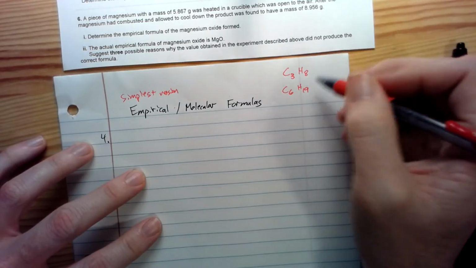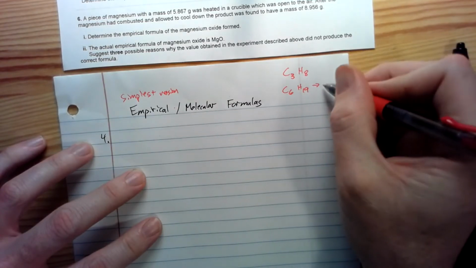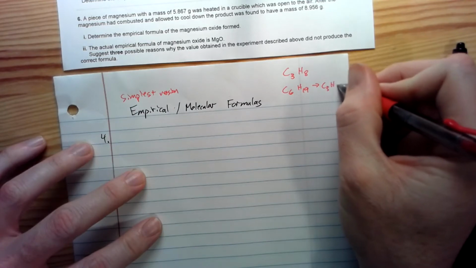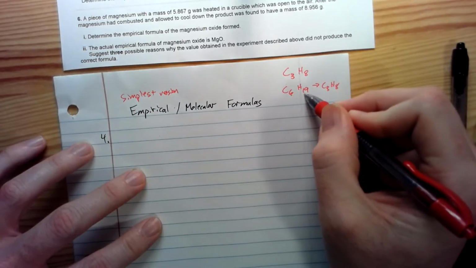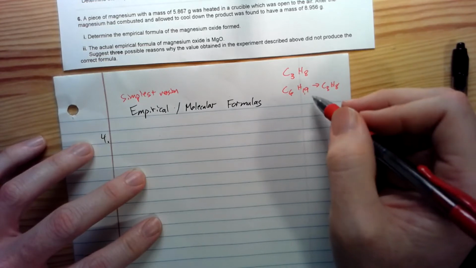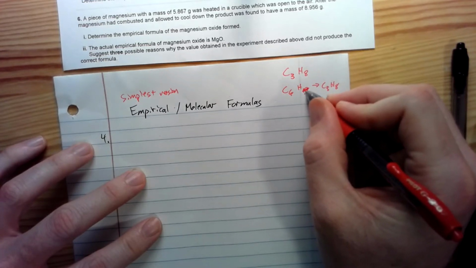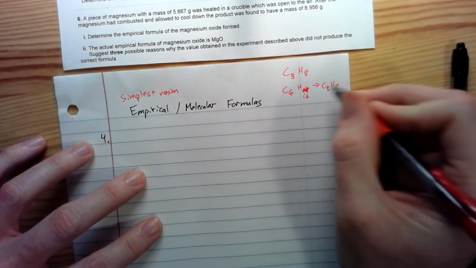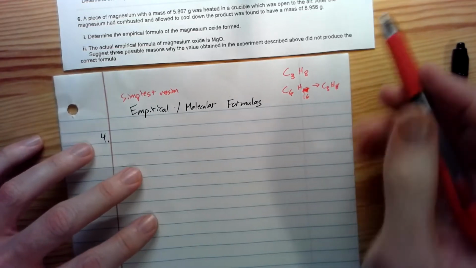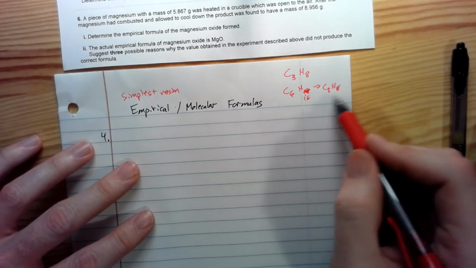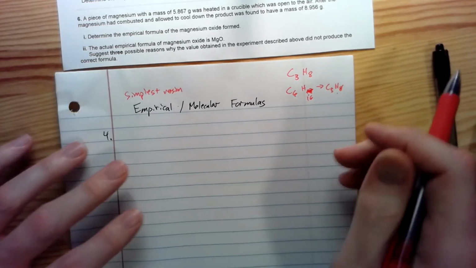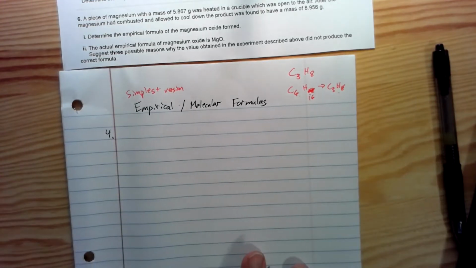Well, they would both have the same empirical formula. The empirical formula of this one is going to be C3H8, right? Because it's the most boiled down version. I divided both of these by 2. So C6H16, if you divide both of these by 2, you get that.